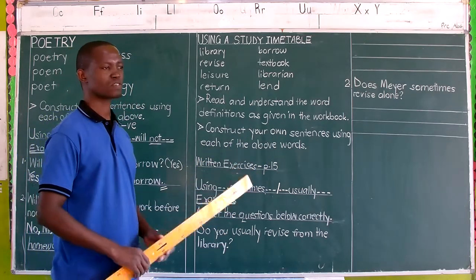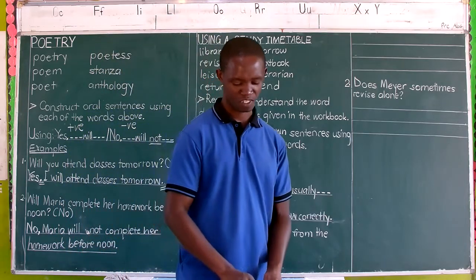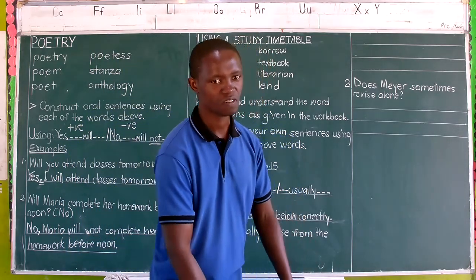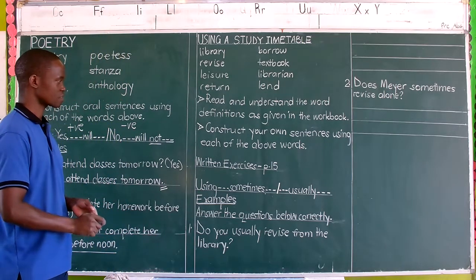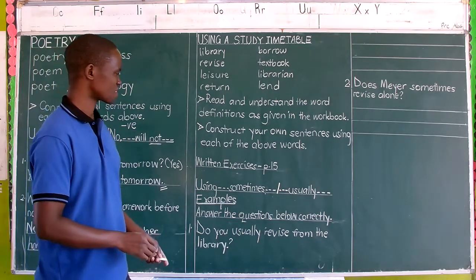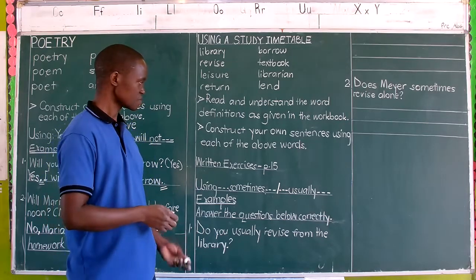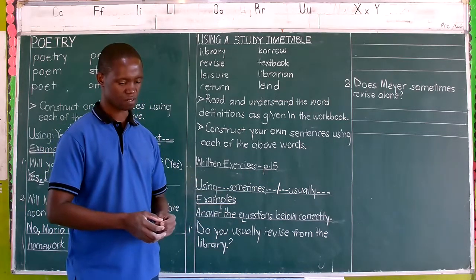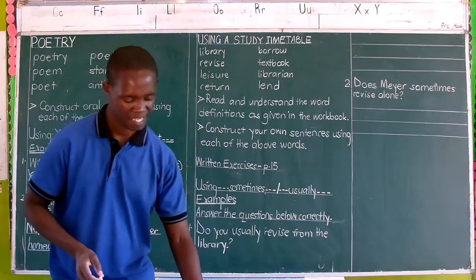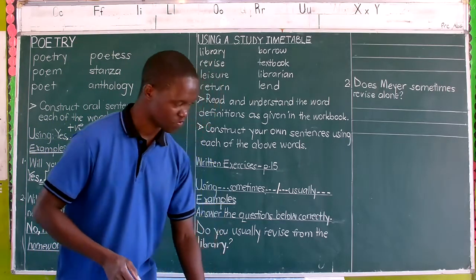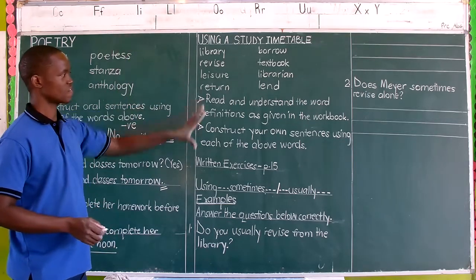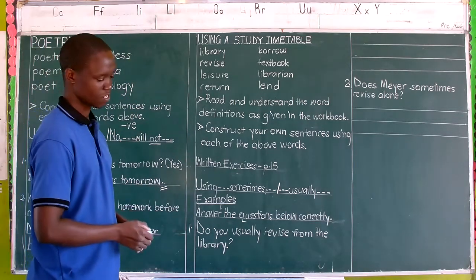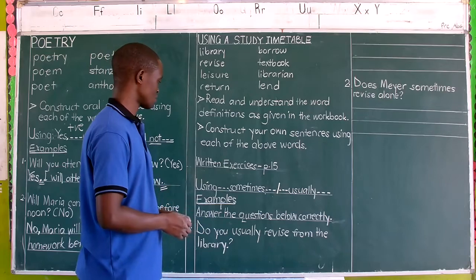Let them be oral sentences, not written sentences. Then we see written exercises on that page 15. Yes, page 15 has written exercises for you to try out and answer about these new words you have learned connected to using a study timetable.